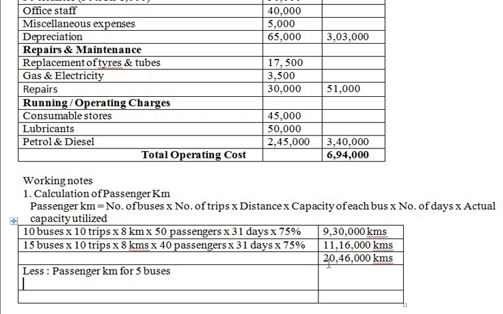Okay, so here I'll calculate it directly. I'll not show that working note. For 25 buses, 20,46,000 is incurred, and for 5 buses, how much is it?